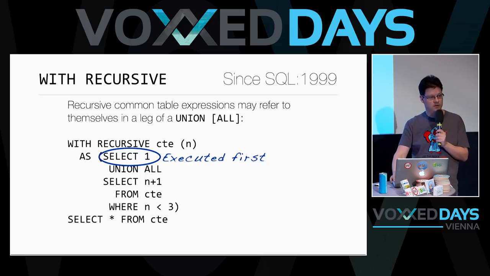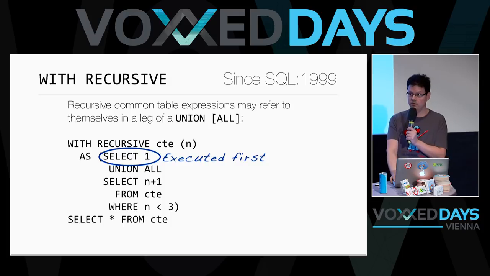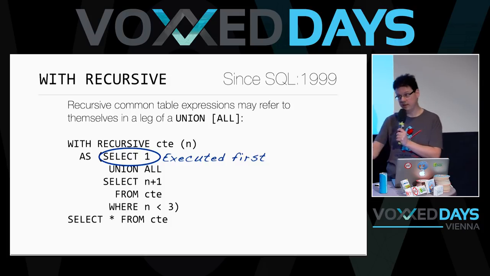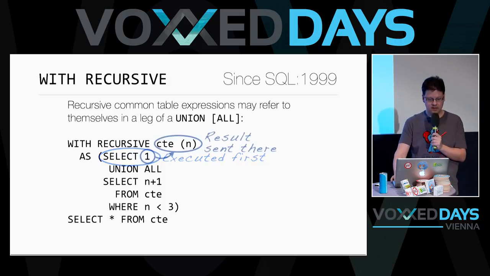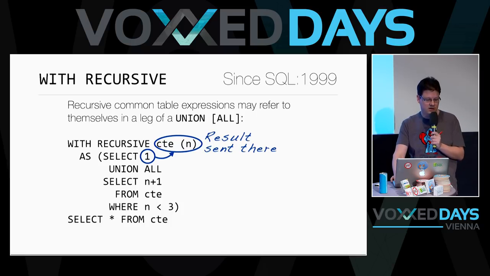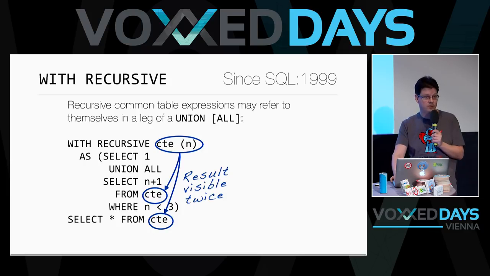And the first part is executed first in this case. SELECT 1, so it gives me one row with one column having the number 1 in there. Great. So this is sent up there, and then it appears wherever this statement-scoped view is queried from.